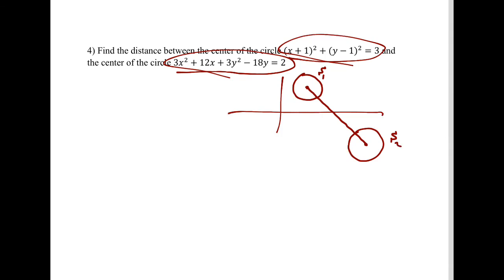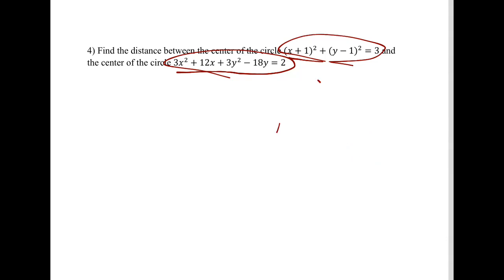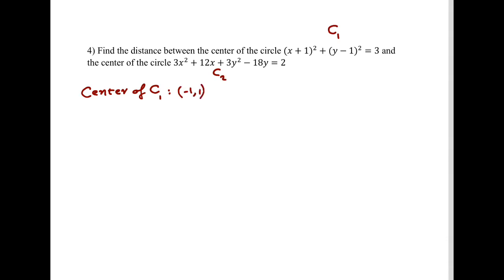Okay, now let me erase these extra things here. So let's see what is the center of the first circle. Let's call this one circle 1, C1. Let's call this one C2. So the center of C1, well, it's (-1, 1).